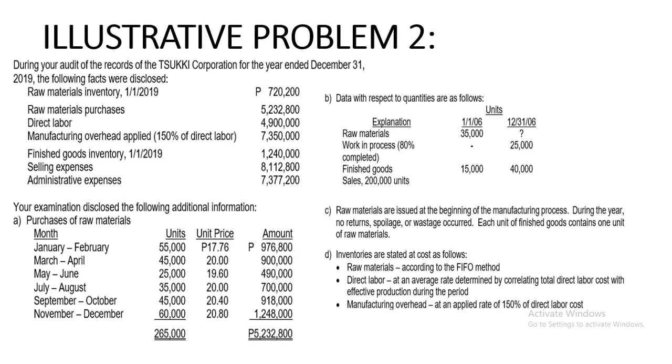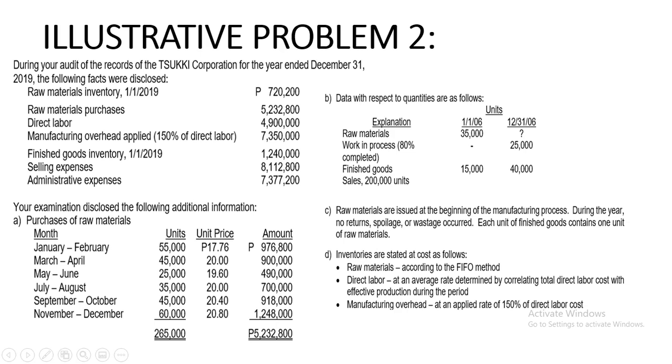Illustrative problem number 2: during your audit of the records of CAC Corporation for the year ended December 31, 2019, the following facts were disclosed. You have the raw materials inventory, the raw materials purchases total, the direct labor, manufacturing overhead applied, finished goods inventory beginning, selling expenses, and administrative expenses. Your examination also disclosed the following additional information. Letter A, the purchase of raw materials, that's fine.